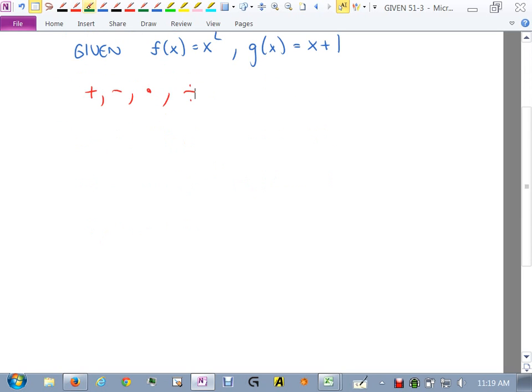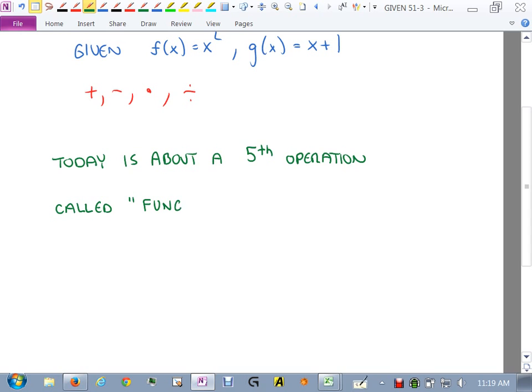All right, so a fifth operation. Today is about a fifth operation called, we'll just call it, functional composition, or just composition.